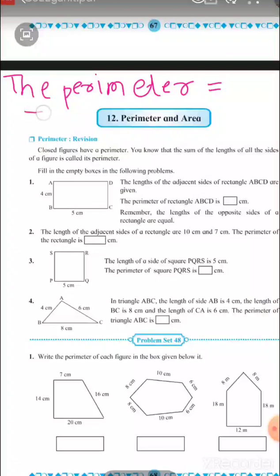length. 7 plus 14 plus 20 plus 16 is equal to 7 plus 14, 21. 21 plus 20, 41. 41 plus 16, 57.